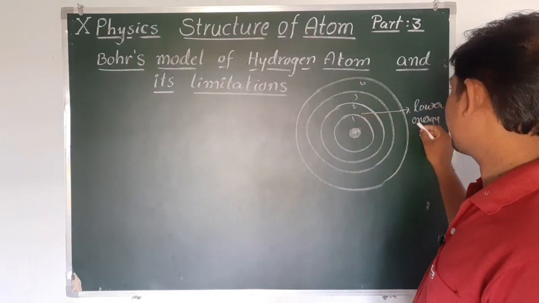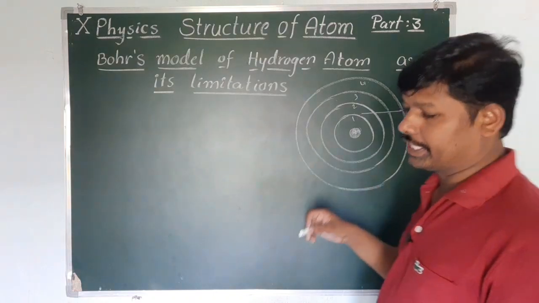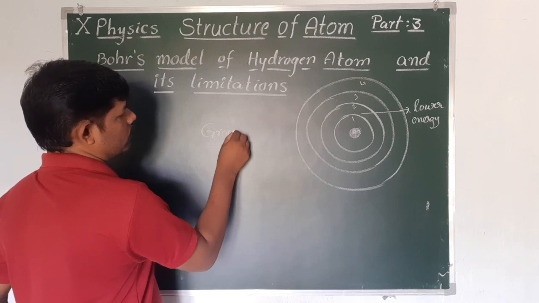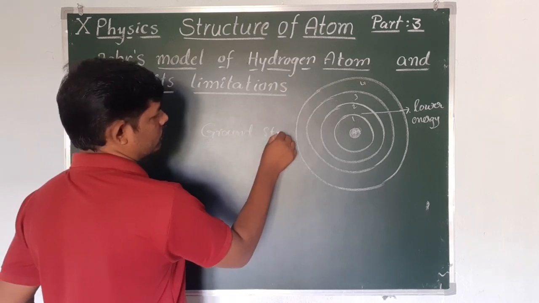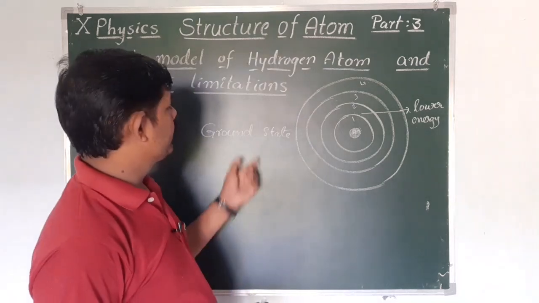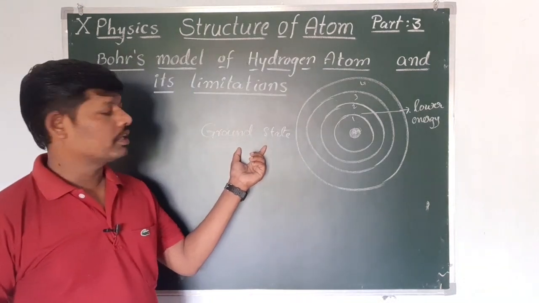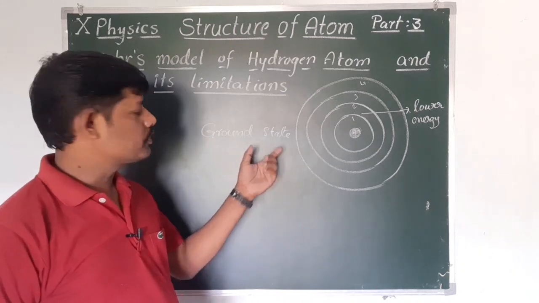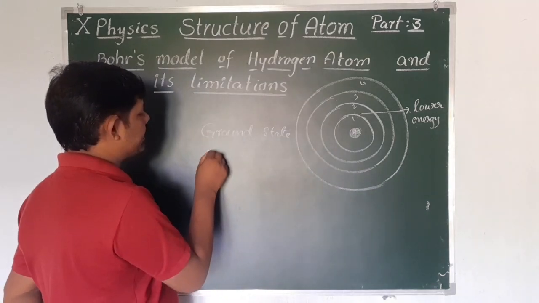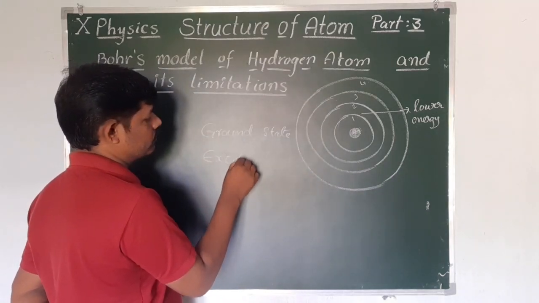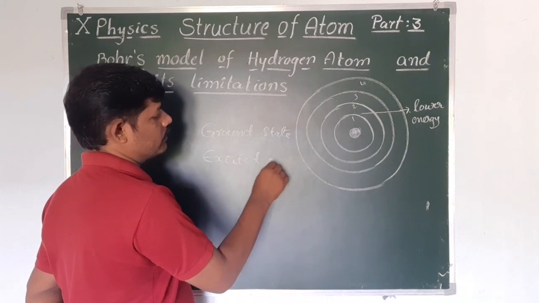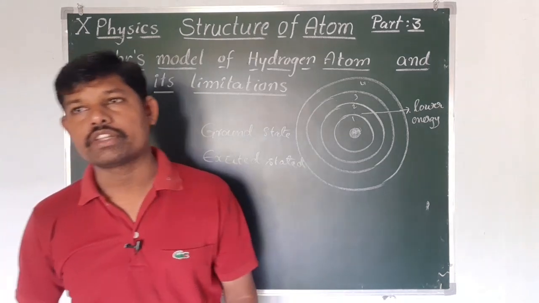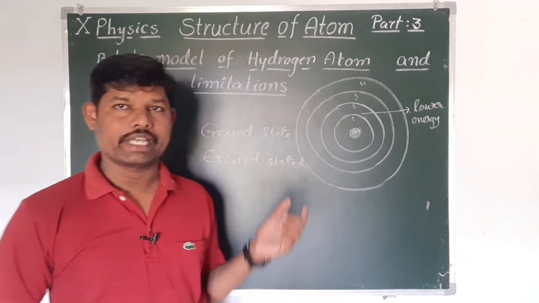This lower energy shell is called the ground state. Electrons gain energy in the ground state and jump into a higher energy shell. That higher energy shell is called the excited state. So when electrons gain energy, they jump from the ground state to the excited state.